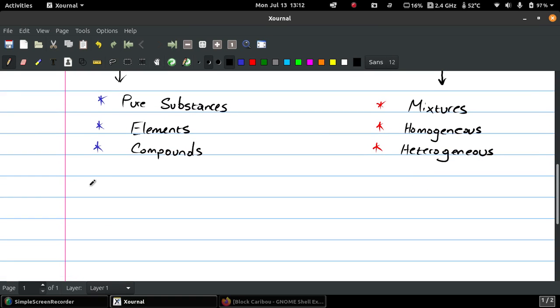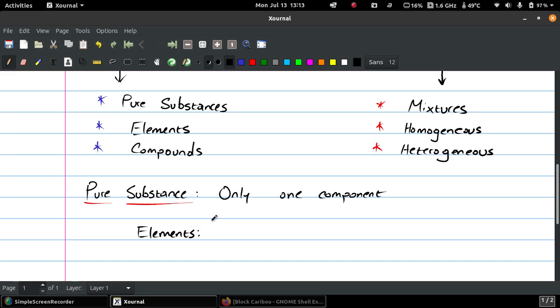Okay, so a pure substance. We're going to talk about the stuff on top, but pure substance is only one component. So, an example would be an element. So, elements are substances that cannot be broken into simpler substances.